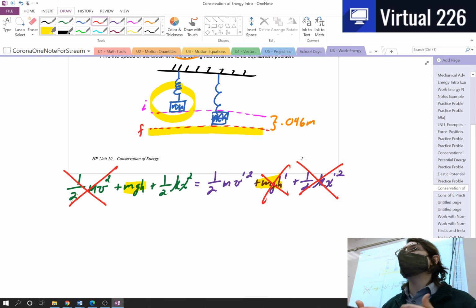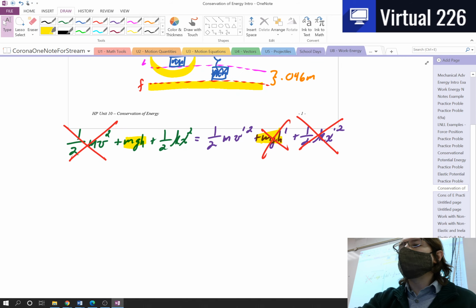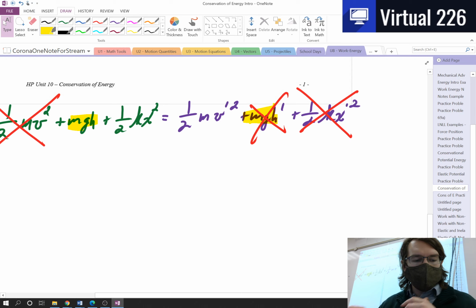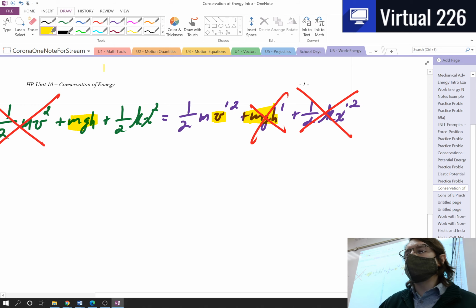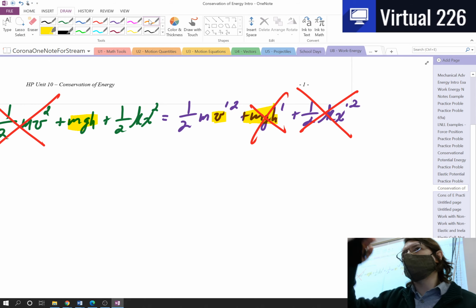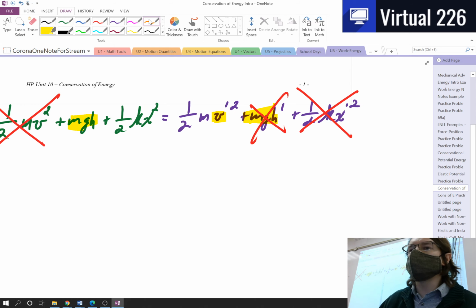So even though we initially had this very long equation with 6 parts, just by drawing a picture, setting some reference positions, and recognizing what we had, we got rid of half of the things just like that. So now if we dive into this and we start throwing in our numbers, we can actually solve for what is this final velocity of our block after it has been pushed by the spring and fallen due to gravity.